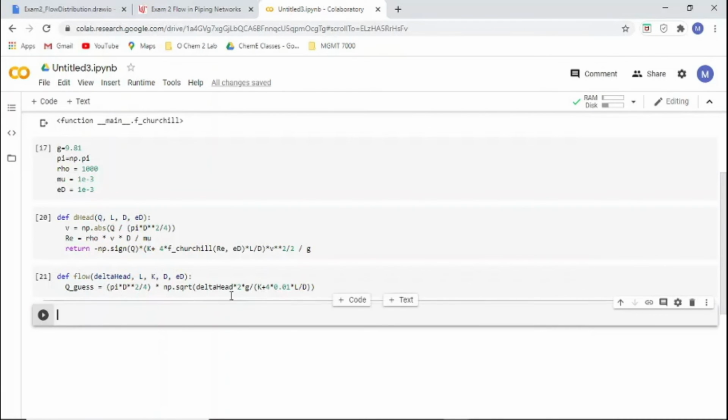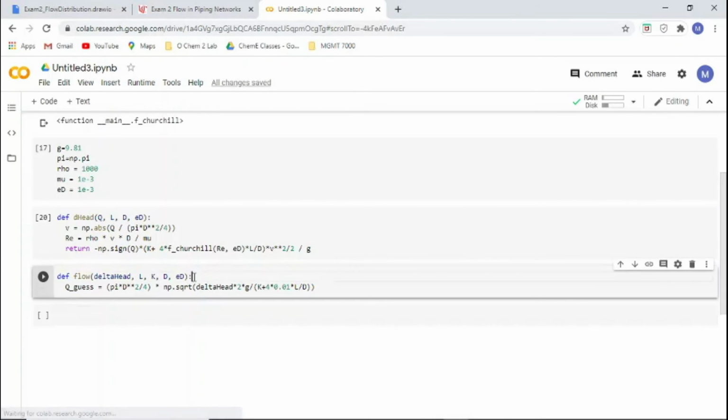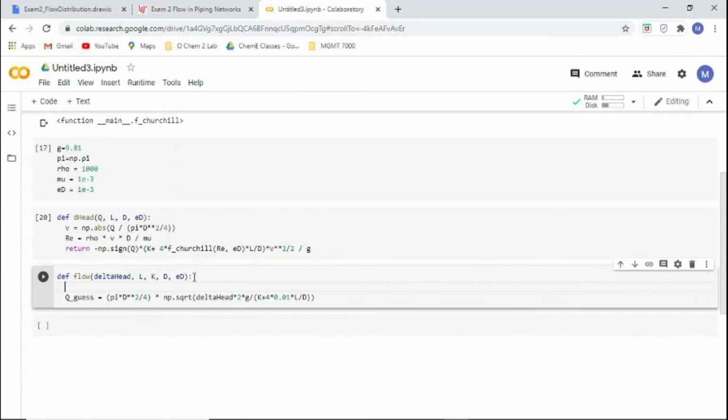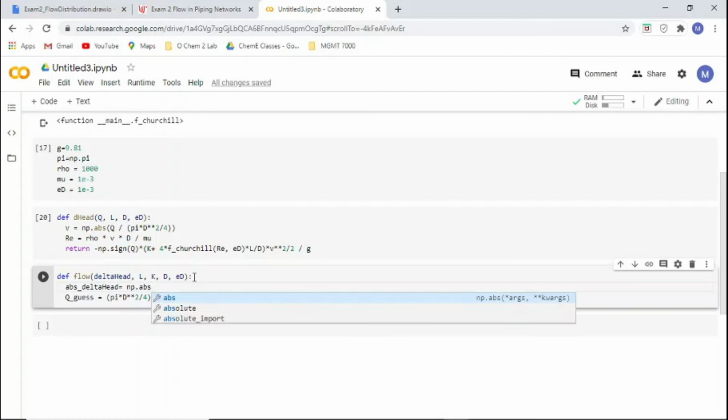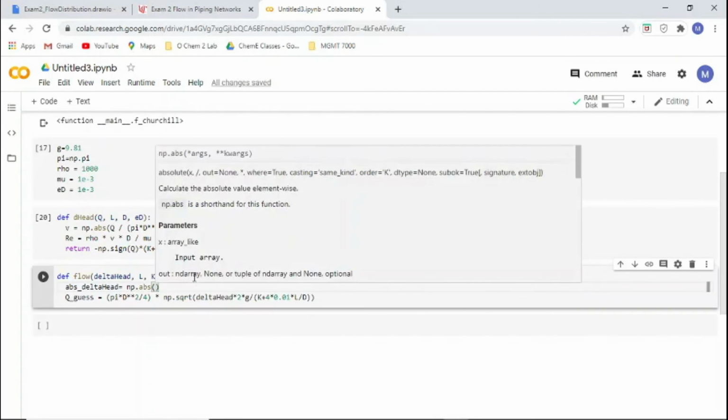So looking back at this equation for our flow rate guess, we see that we're taking the square root of a value. Because of the delta head, this value can be negative. So what we need to do is have the absolute value of our delta head. So we're going to make another variable called abs_delta_head, which is going to be equal to mp.absolute, or abs, of our delta head.